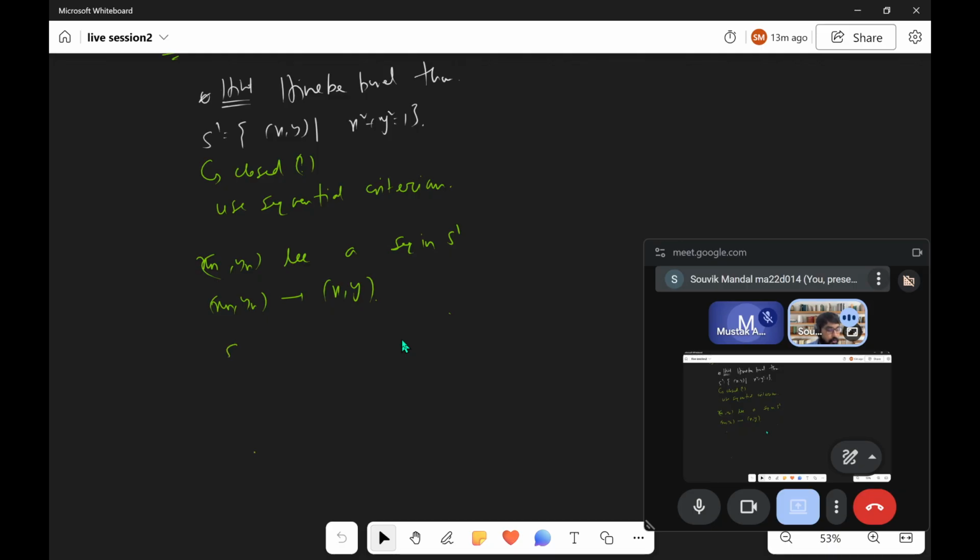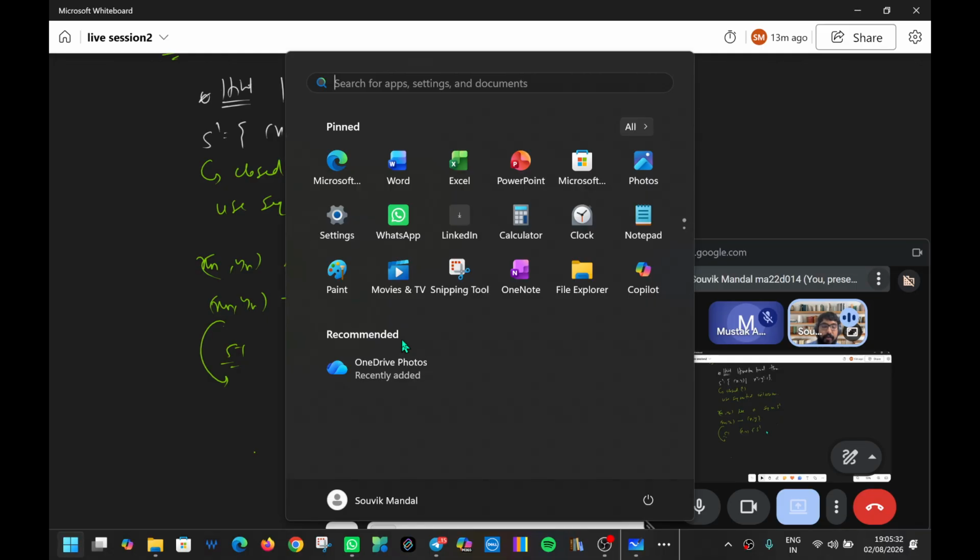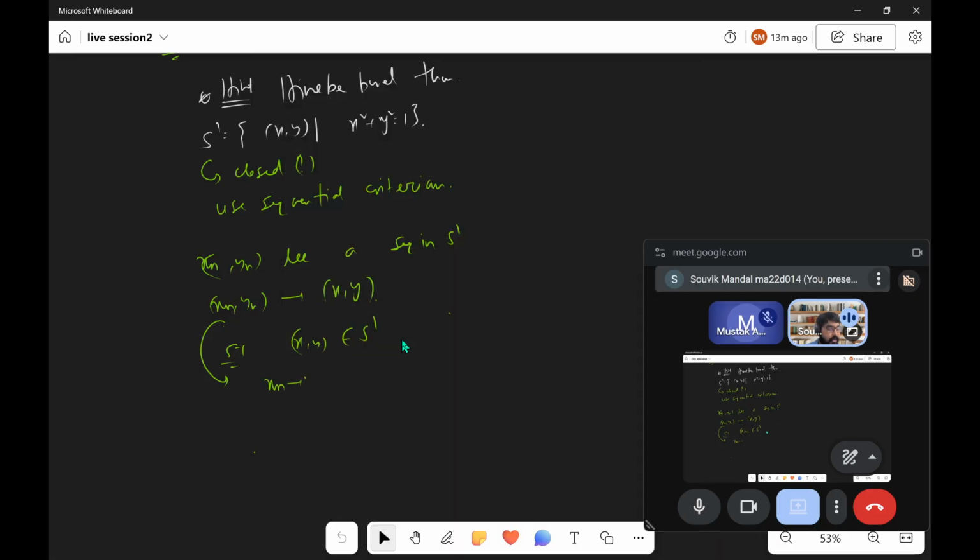Now we need to show that the point x, y belongs to the circle. Since x_n, y_n goes to x, y, that means the sequence x_n goes to x and y_n goes to y, correct?